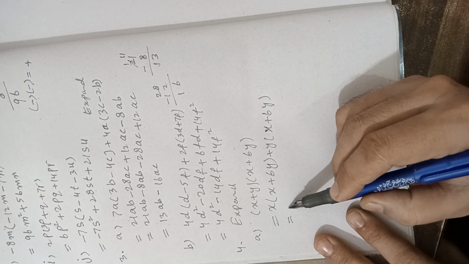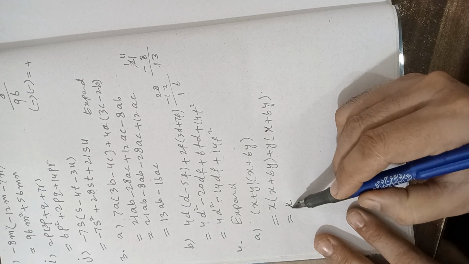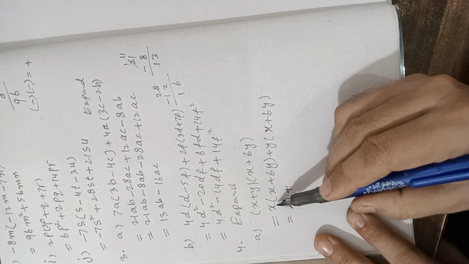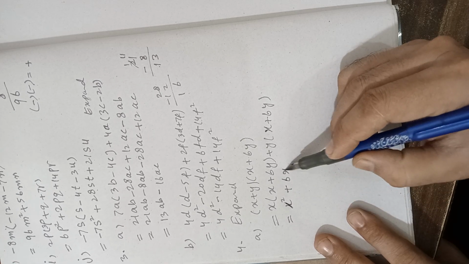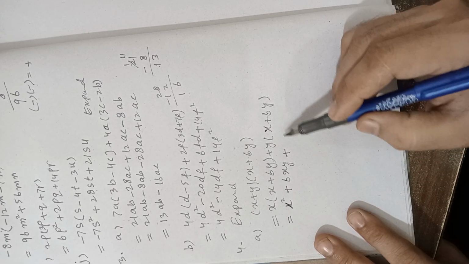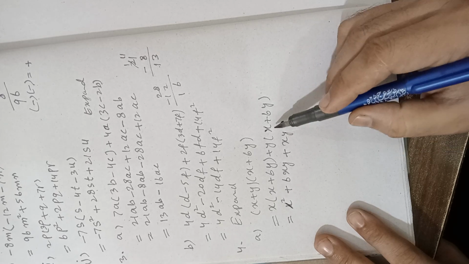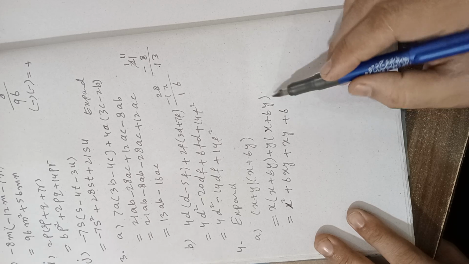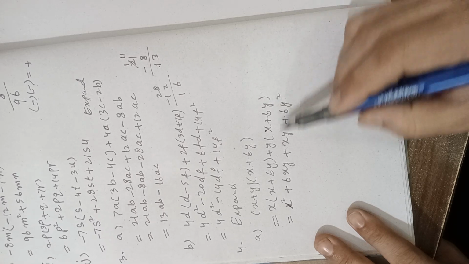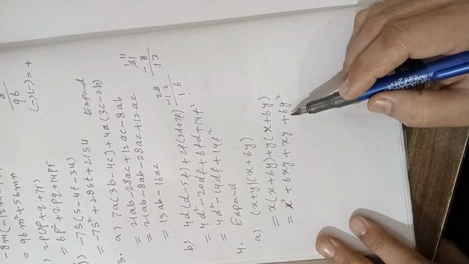x multiplied by x is equal to x square plus 6, and x multiplied by y is equal to xy. y multiplied by x is equal to xy, and y multiplied by y will make y square, and 6 is here.